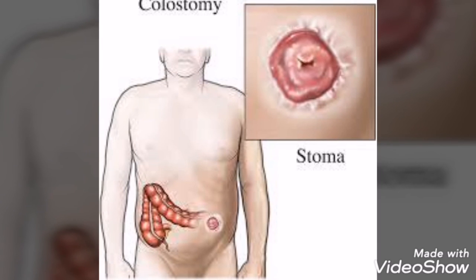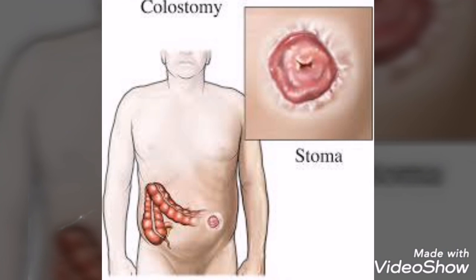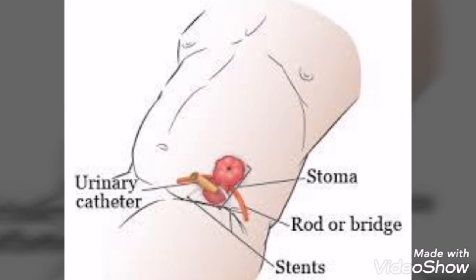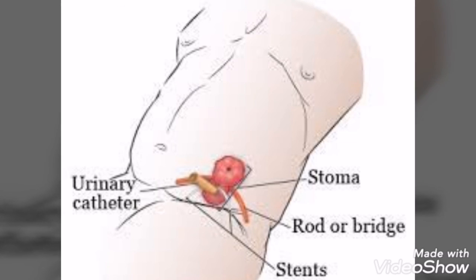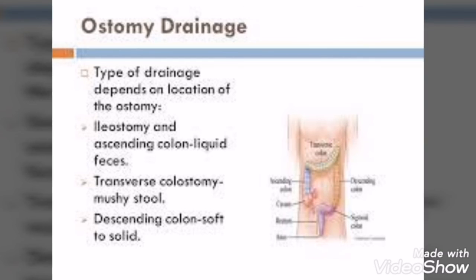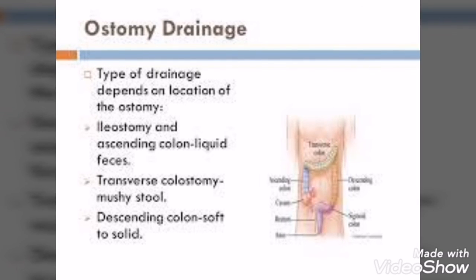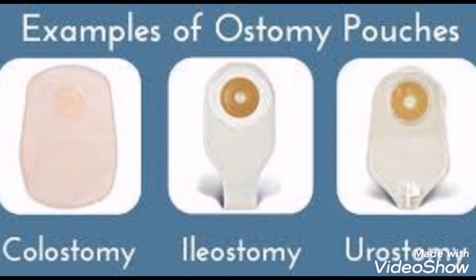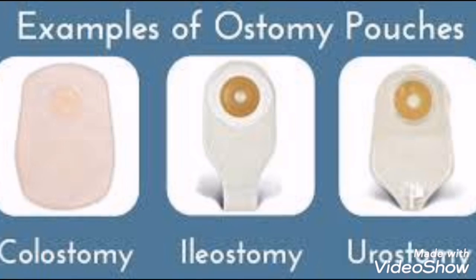Stoma, and urostomy: if urine is diverted, it is called a urostomy. The types are ileostomy, transverse colostomy, and descending colostomy. Types of bag: colostomy, ileostomy, urostomy.